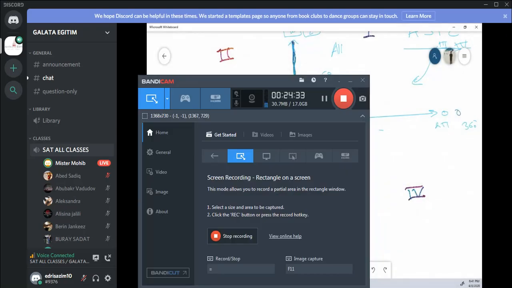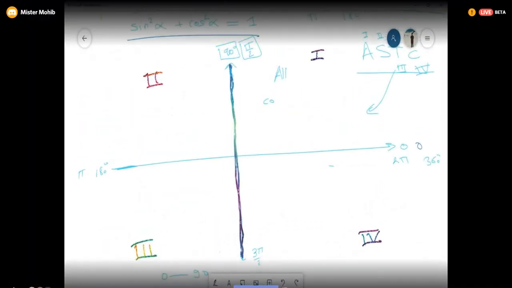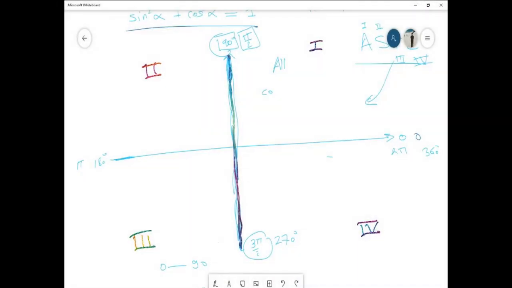Let me convert this. So it will be cosine. You can either write the boundaries. This is boundary number 1, 90. Boundary number 2, which is 90. And 90 degrees is on this line.